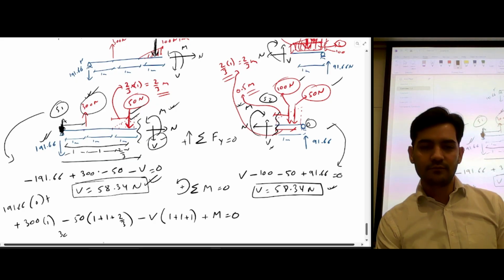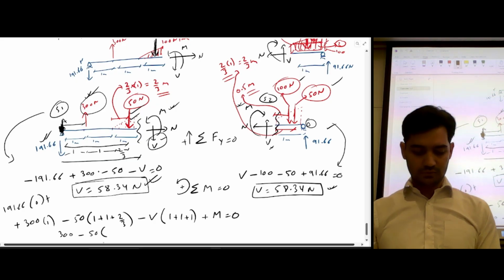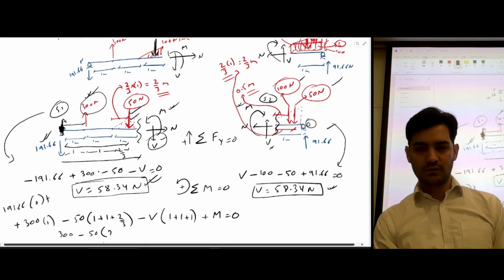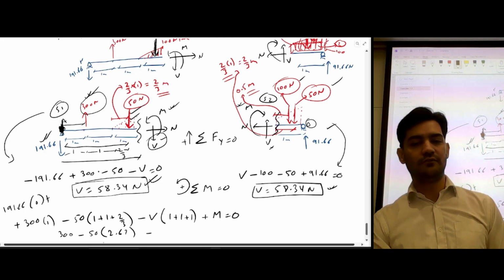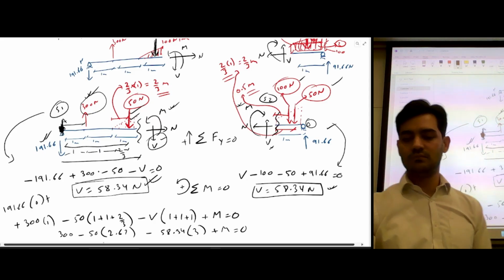So we have 300 minus 50 into 2 by 3, which is 2.67, minus, we have already calculated the shear force, which is 58.34, into 3, plus M is equal to 0.